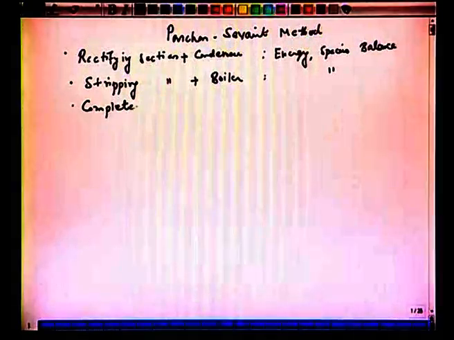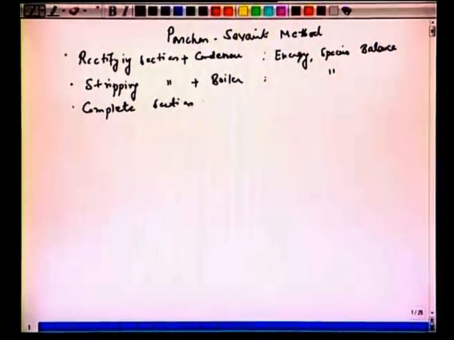Then we did a similar exercise for the stripping section with the reboiler. Then we made the balance on the complete section, so we had the feed, the top product, and the bottom product.